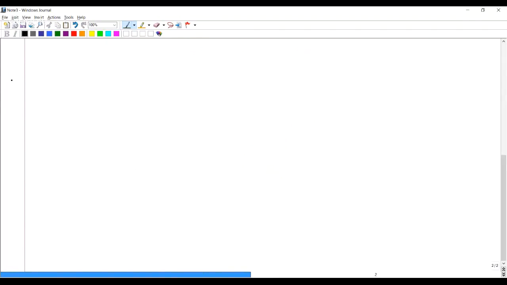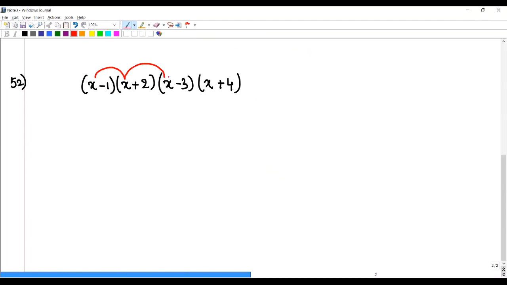The 52nd says the coefficient of x cube in (x minus 1)(x plus 2)(x minus 3)(x plus 4). The coefficient of x cube means, see, generally you get x cube by multiplying x into x into x. Now x cube you got, so now you multiply it with 4. Or else you multiply x into 2 into x into x.